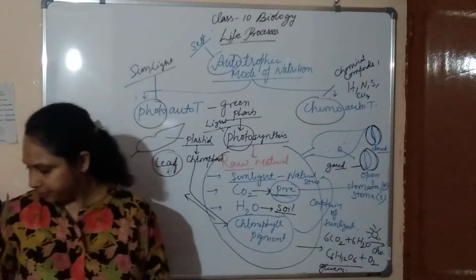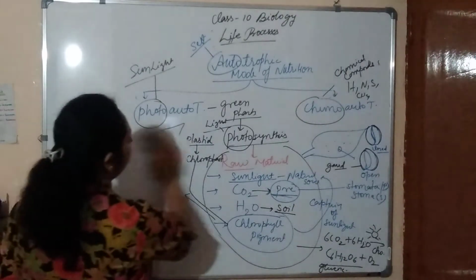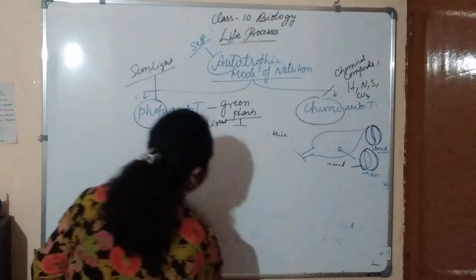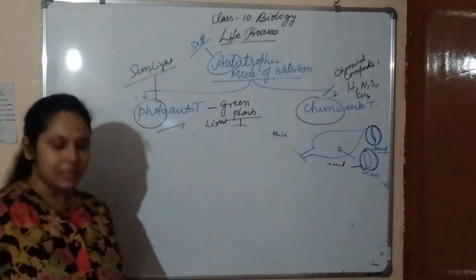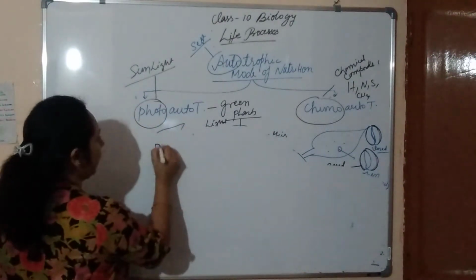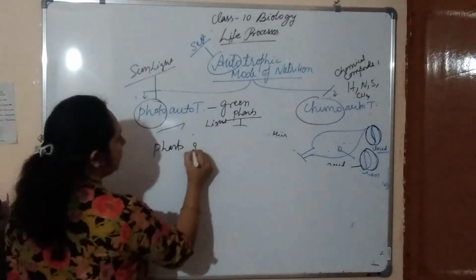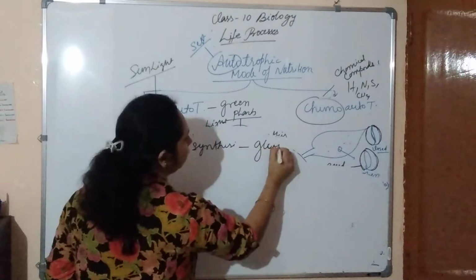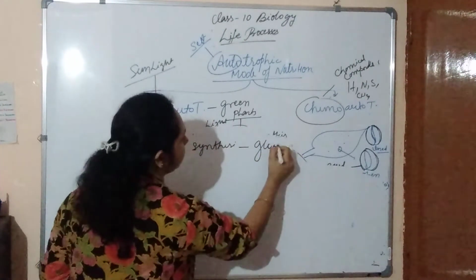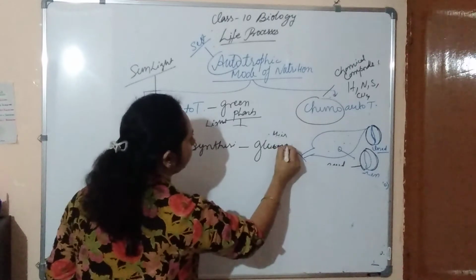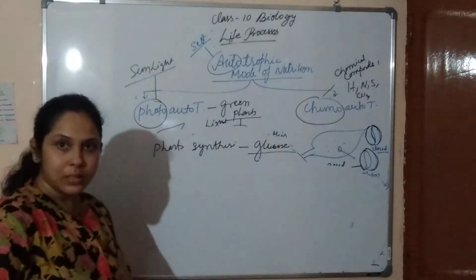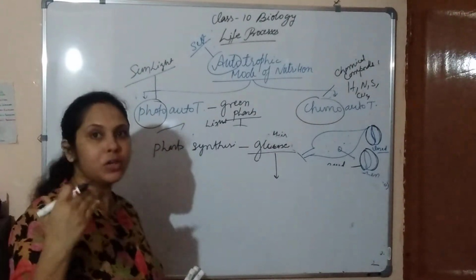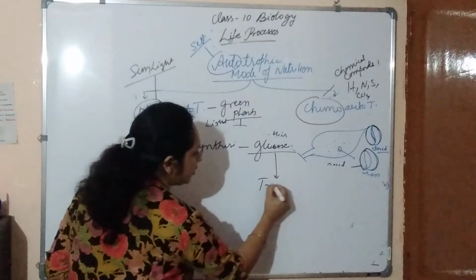Plants basically synthesize glucose, but that will be transported to different parts of the plant.